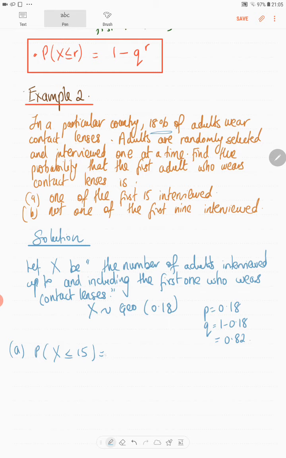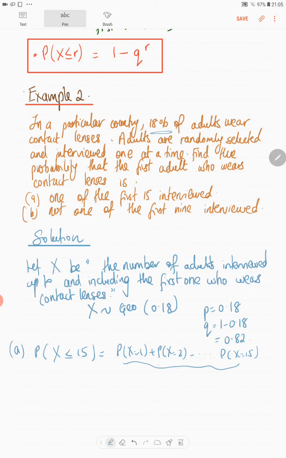If we wanted to use the previous method, as in the first example, we would have to calculate the probability X equal to 1 plus the probability X equal to 2 up to the probability X equal to 15. Here we would have to calculate 15 probabilities. The calculation would have been too cumbersome.